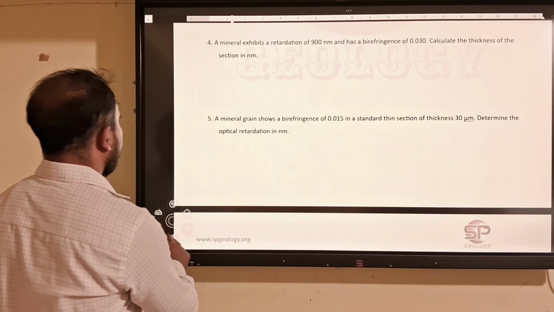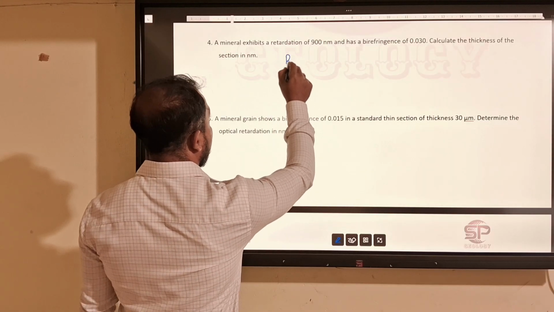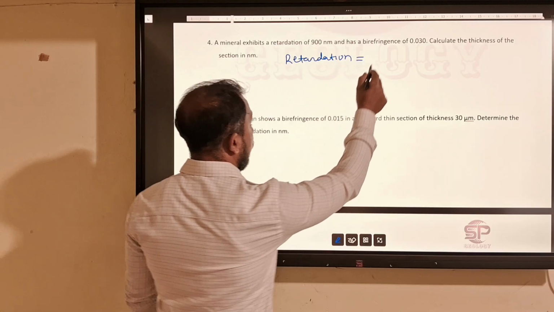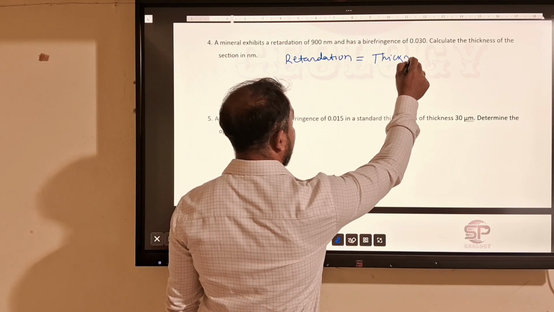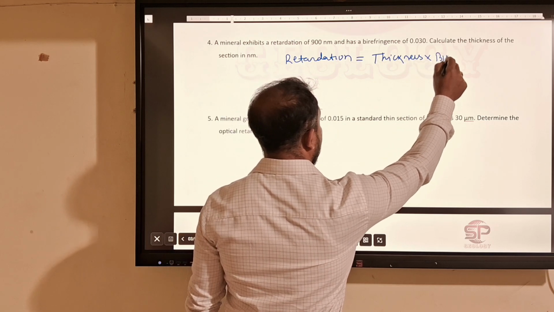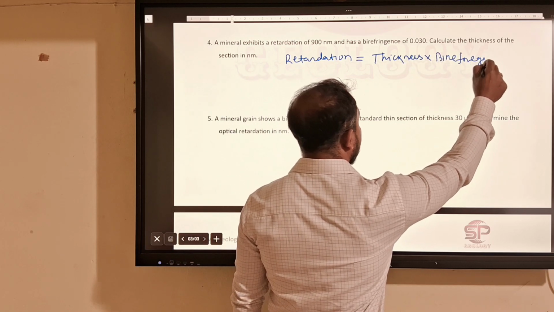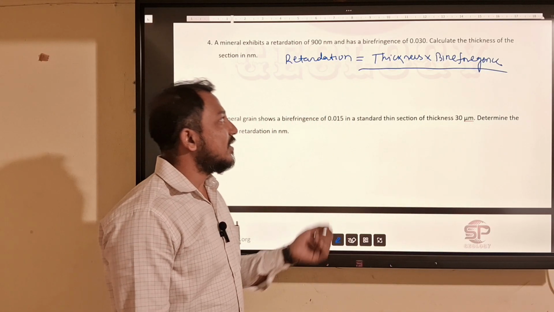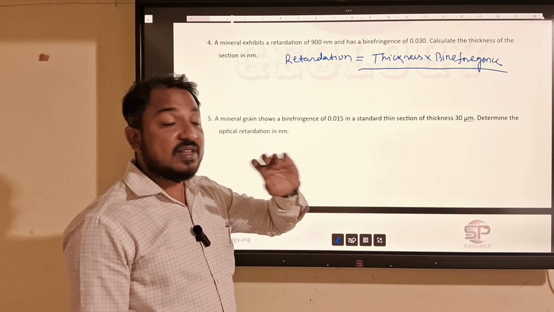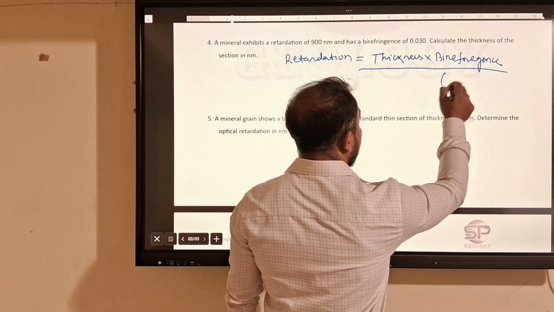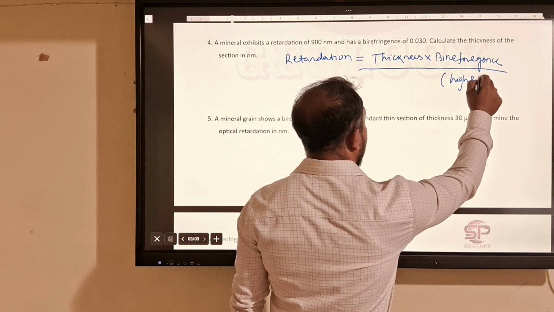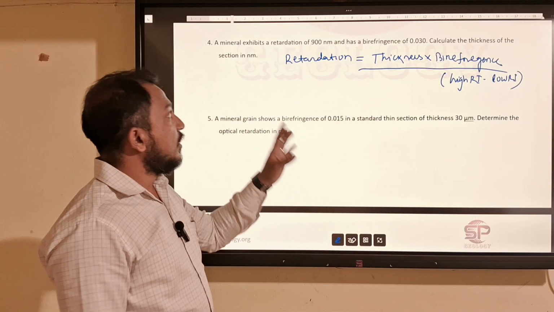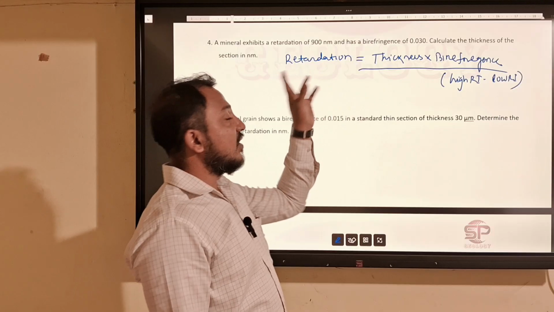First, the formula is retardation is equal to thickness into birefringence. Thickness is the thickness of the mineral specimen. Birefringence is the difference between high RI minus low RI of a mineral. So if you know the thickness and birefringence, you can calculate the retardation.